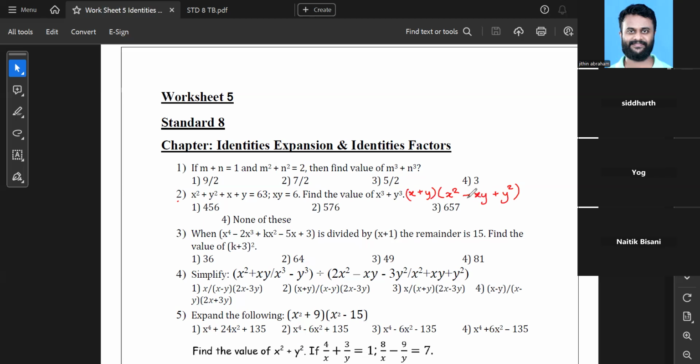So, what do you think? What should we do? Why do you feel that there is some kind of error in this?